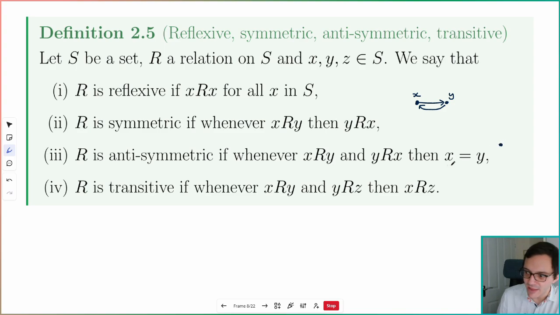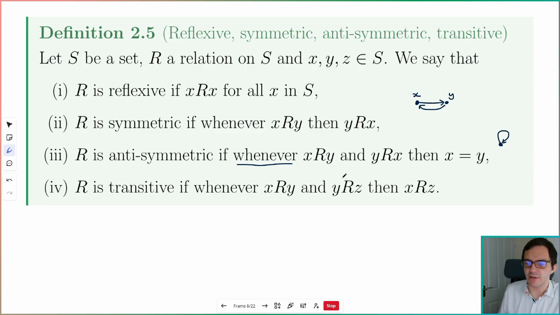This is slightly funny. If x is equal to y, then this says if x is related to x and x is related to x, then that's okay. So you're allowed to have some elements that are related to themselves, maybe all of them, maybe none of them. There's this whenever here, you see? So it's not actually insisting that any element is related to itself, it's just permitting that.